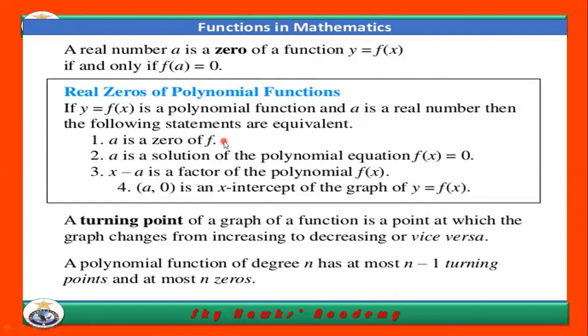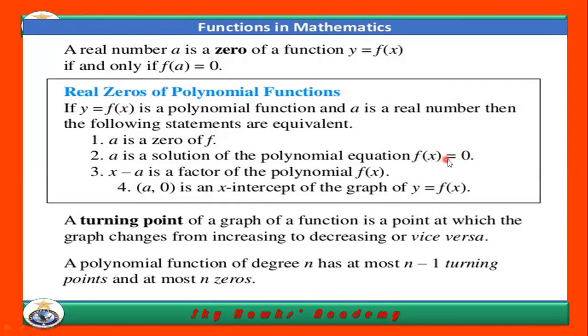Sometimes the graph is given and we are looking for the zeros of that function. So we have to replace each x with 0. If the function equals 0 when we put in the value a, then a is a zero of f. So a is a solution of the polynomial equation f(x) equals 0.